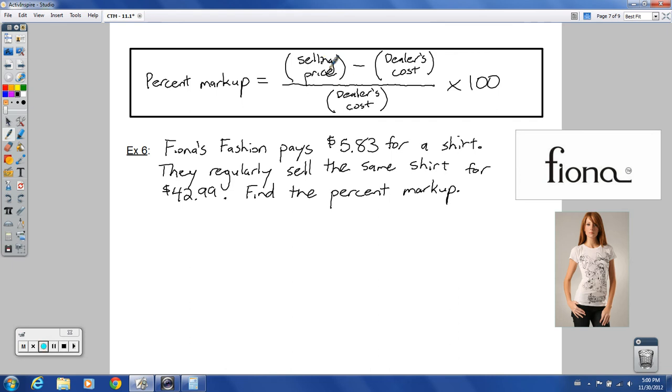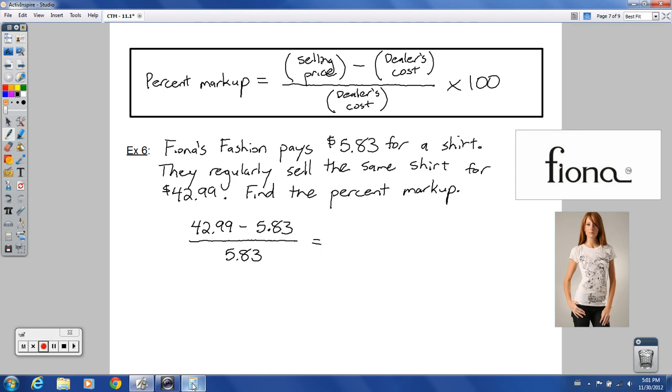So latest amount, the selling price, is $42.99. The previous amount, the dealer's cost, is $5.83. So we can write those like that without the dollar symbol, over the dealer's cost. Is this going up by more than 100%? You look at that, definitely more than double, right? That's more than 100%. So this is going to be something over 100% for sure.